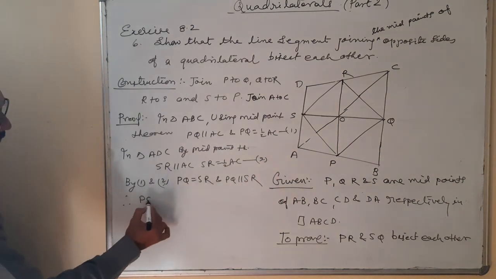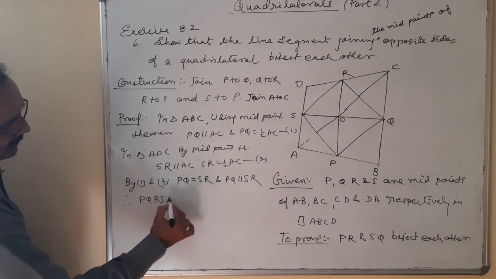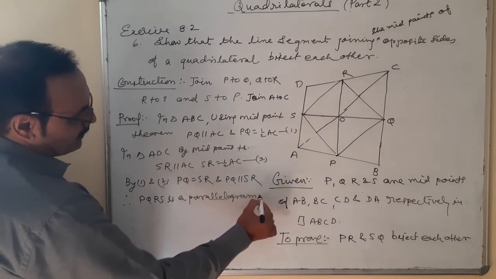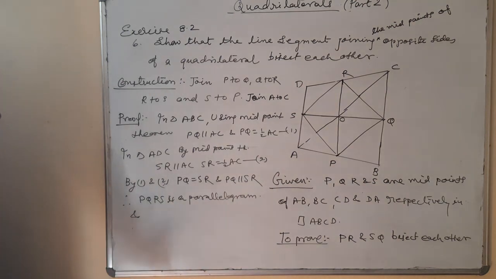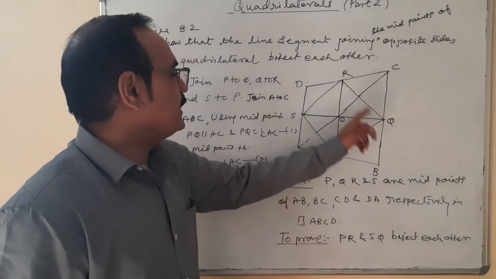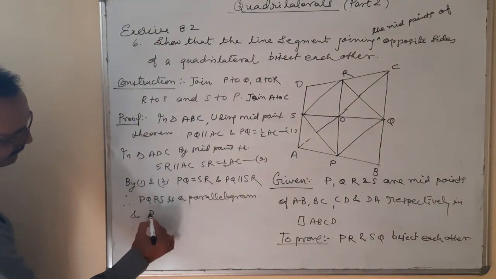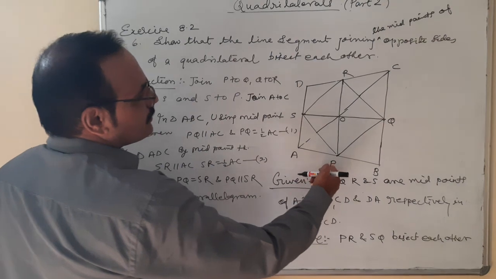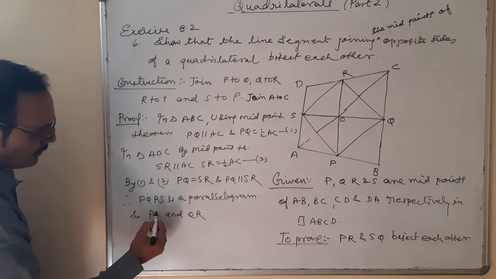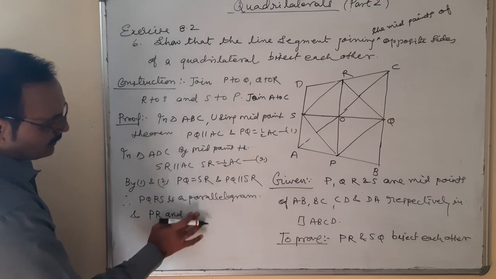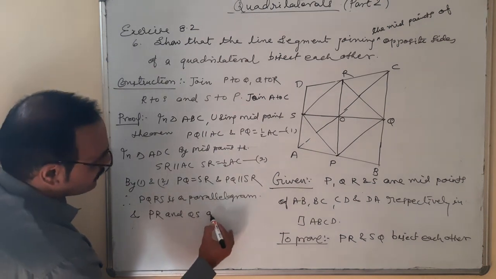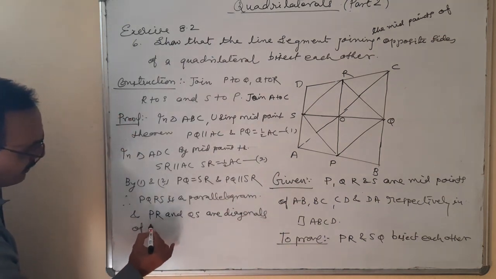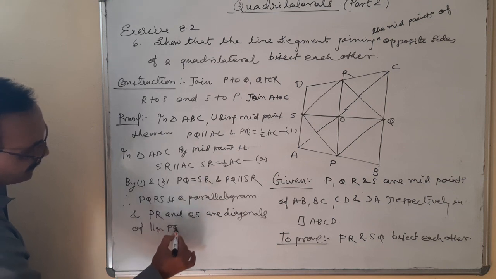Therefore, PQRS is a parallelogram. PR and QS are diagonals of parallelogram PQRS.